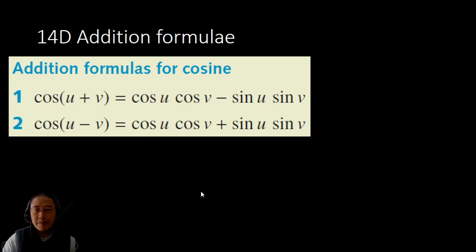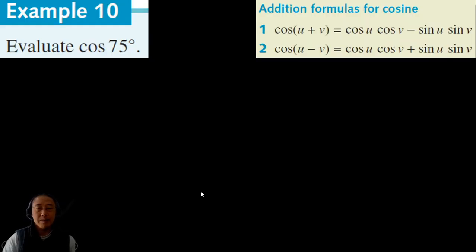All right, let's look at an application of using the addition formula. You have two options: is it a sum or is it a difference? If you think about a difference, you need to remember your exact values. The main angles are 0, 30, 45, 60, and 90 degrees. What you do here is 75.